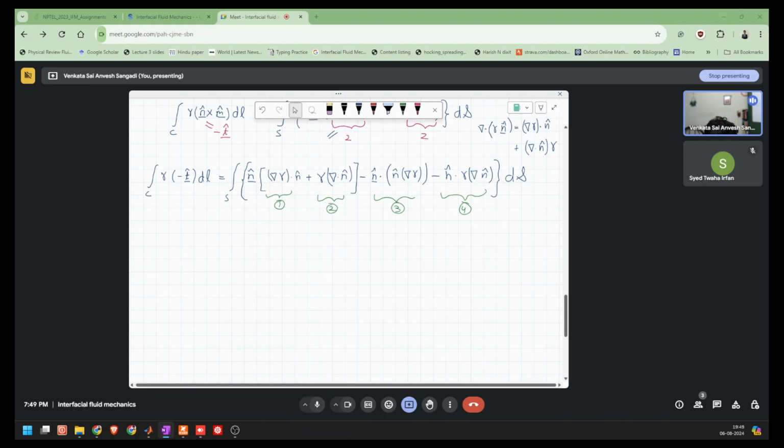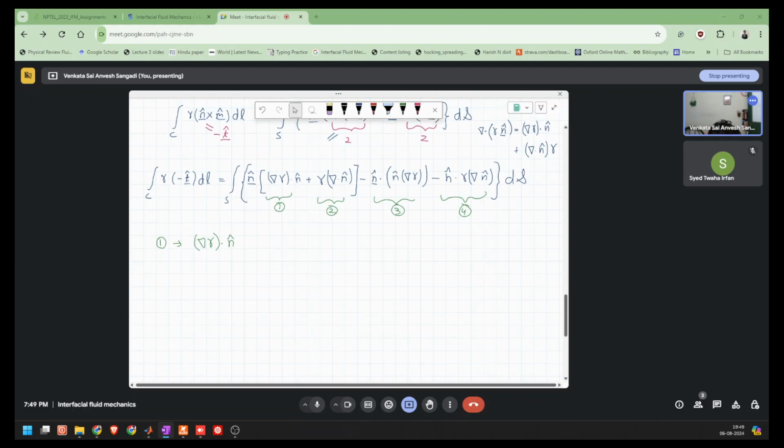If we look at the first term, dot n cap, and visualize this term, generally the surface tension acts on the boundary of this surface S, and any surface tension changes will be present on the boundary, on the interface.